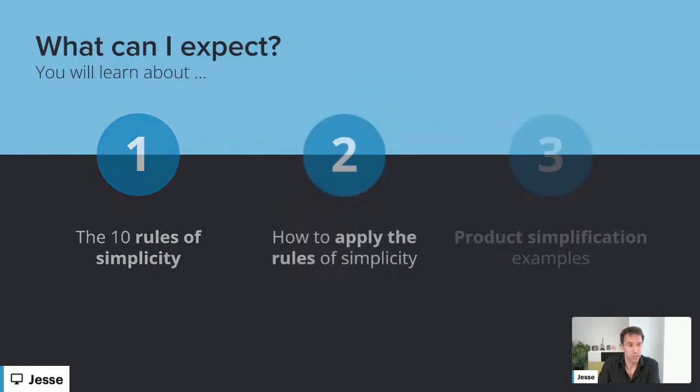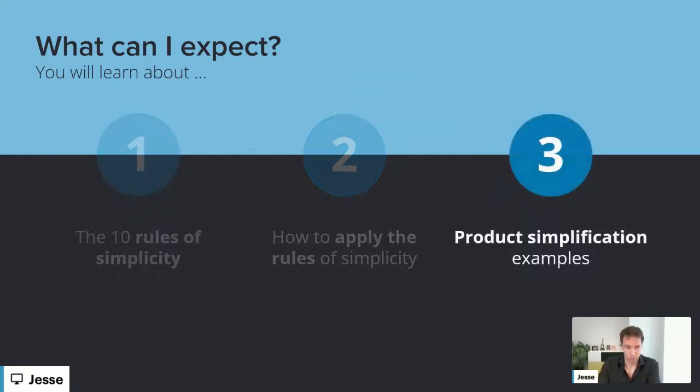And then how to apply these rules to real world problems that you might face in your product. And then some examples of those product simplifications that you might find useful.